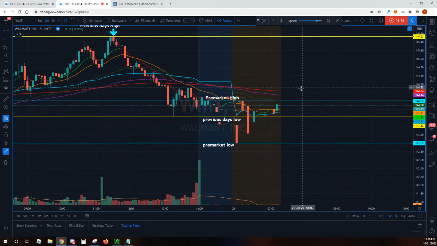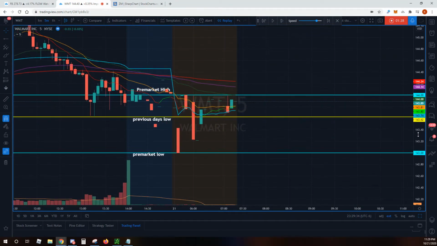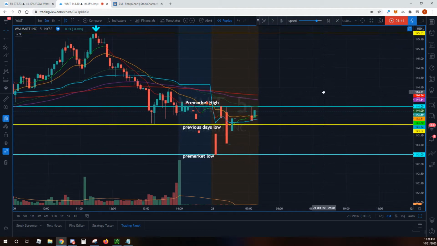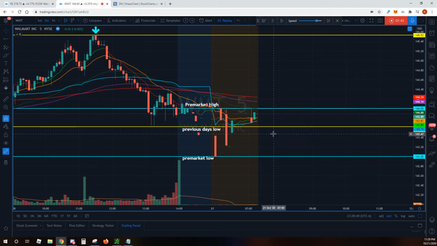As pre-market is starting to form, the next candle here will show the opening time, and you'll be able to see what's going to happen in Walmart for the rest of the day.